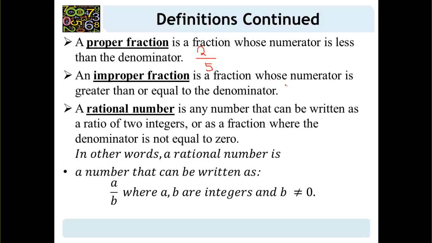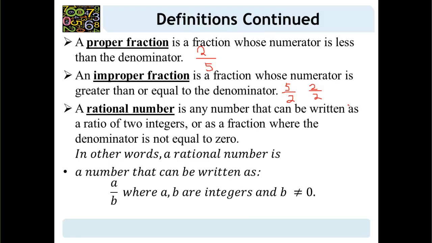So if we have something like 5 over 2, the numerator is 5 and the denominator is 2, we say that this is an improper fraction. If we also have something like 2 out of 2, where the numerator is equal to the denominator, we can also call this an improper fraction.